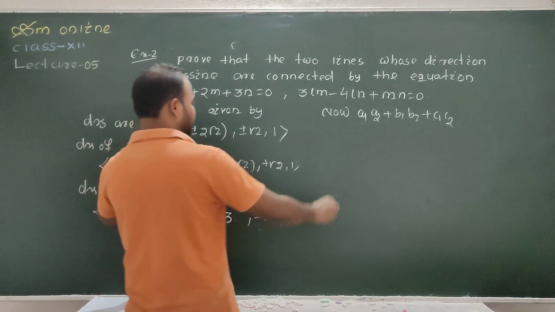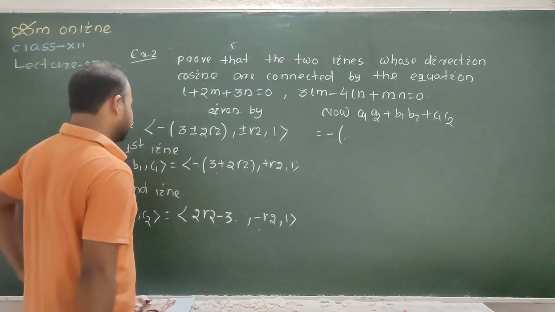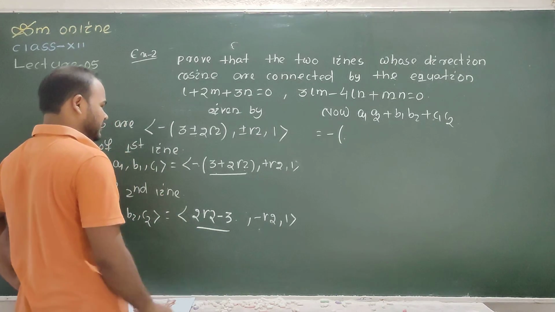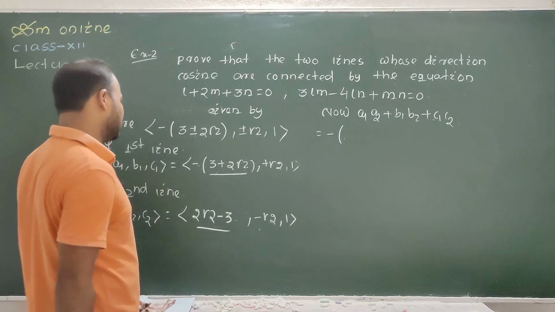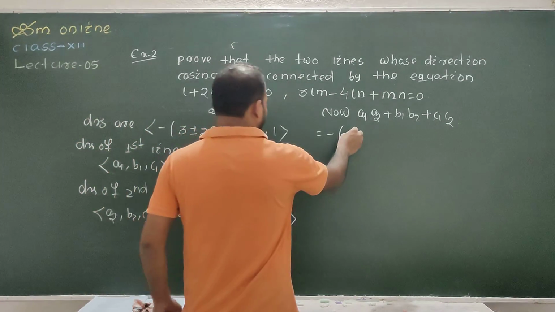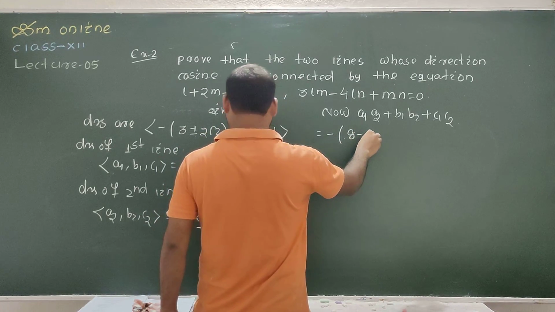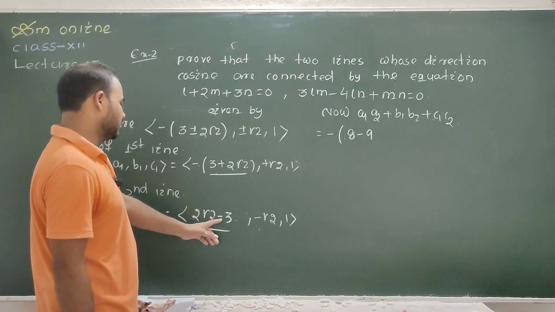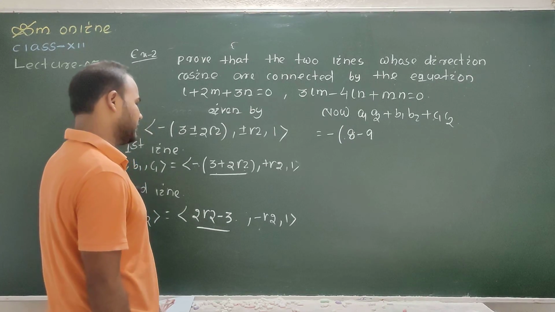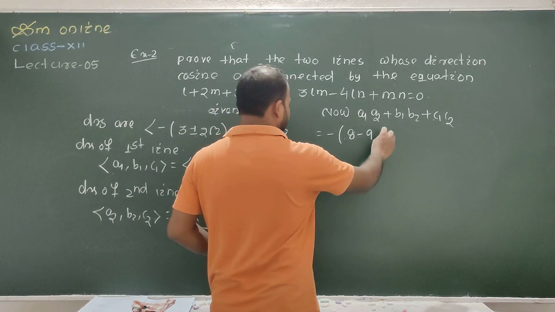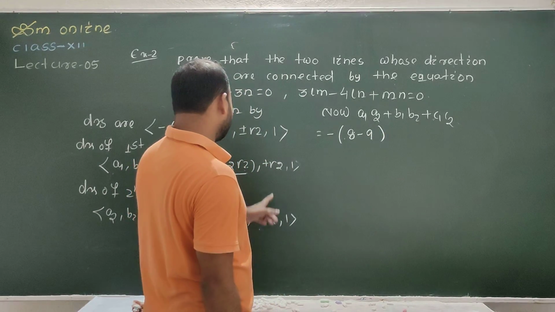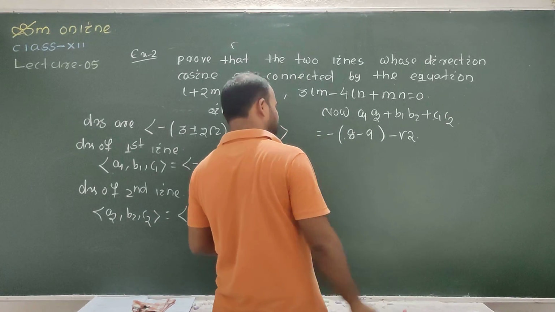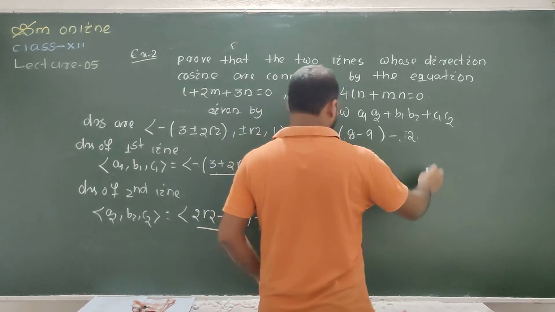So now A1 A2 plus B1 B2 plus C1 C2 equal to what? 2 root 2 plus 3 and 2 root 2 minus 3, this is 8 minus 9. Now plus root 2 into minus root 2, this is minus 2, and this is plus 1.